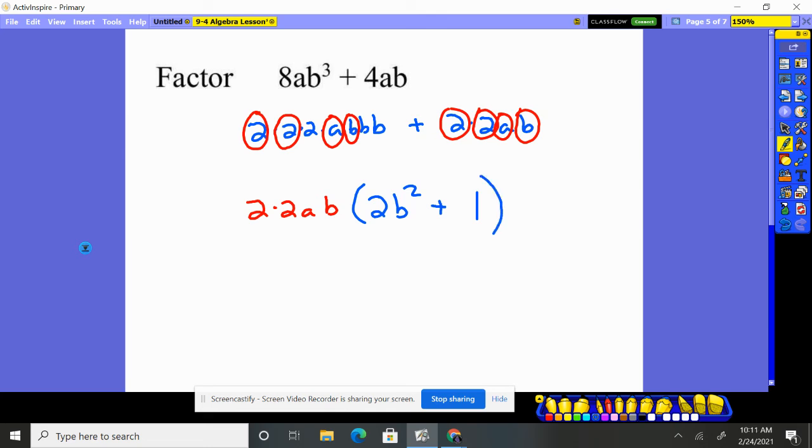Because in the end, 4ab times 2b squared would give us back this. And then we need that 4ab times something right here, which is the 1, which gives us back that 4ab. If you get rid of it, then the 4ab just completely disappeared. So you've got to make sure that if everybody factors out, you are left behind with the number 1 there, and you've got to make sure you put it.